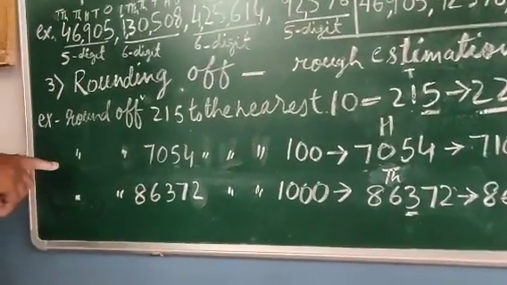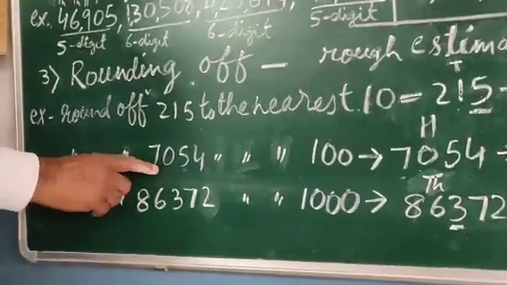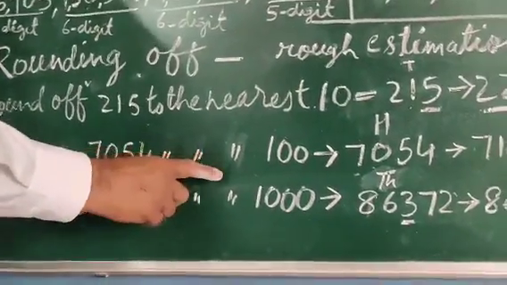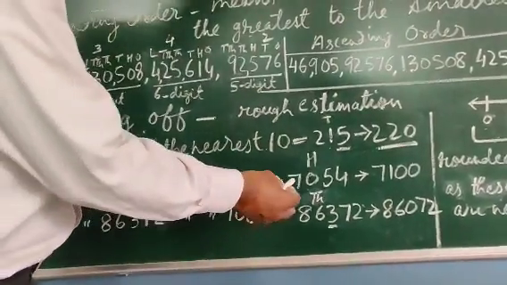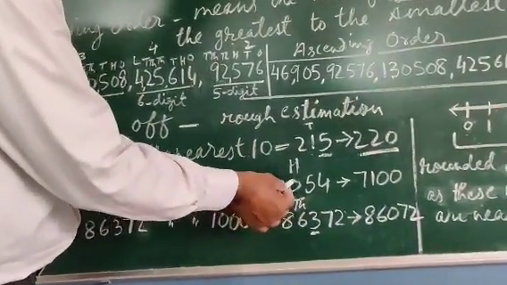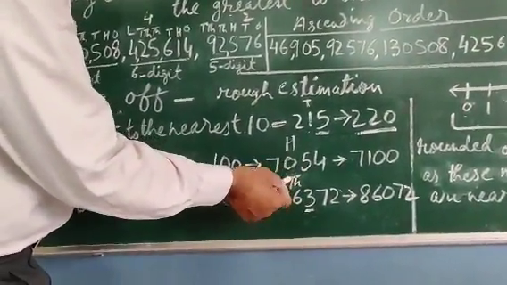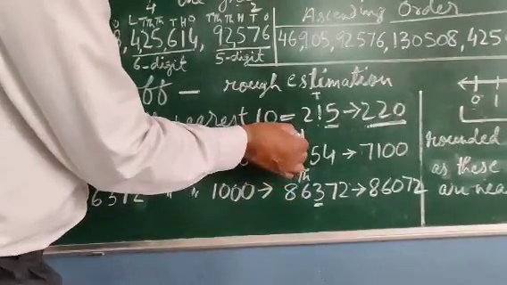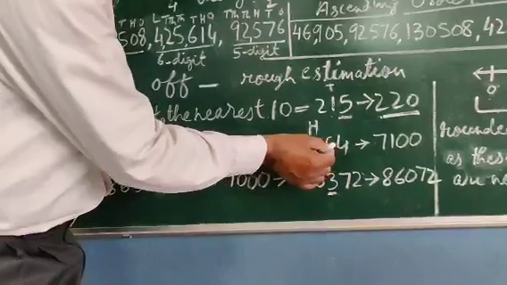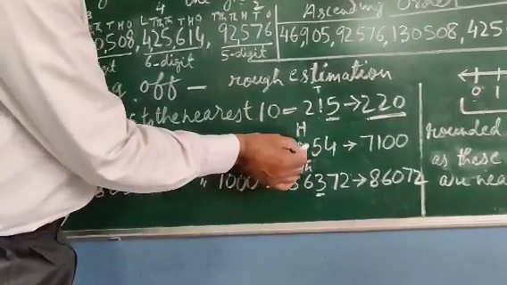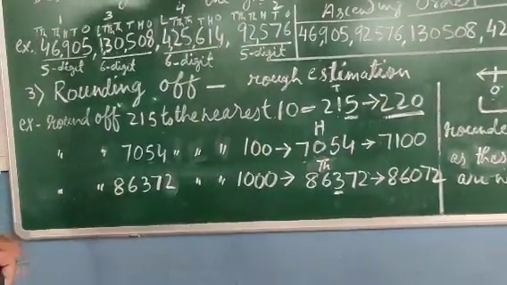The second example is round off 7054 to the nearest 100. Children, to round off 7054 to the nearest 100, let us find the digit in the hundreds place. Ones, tens, 100. In the hundreds place we see there is 0 in this number.